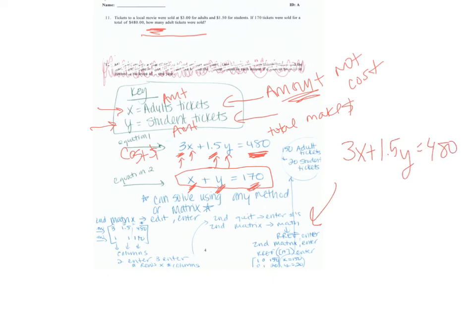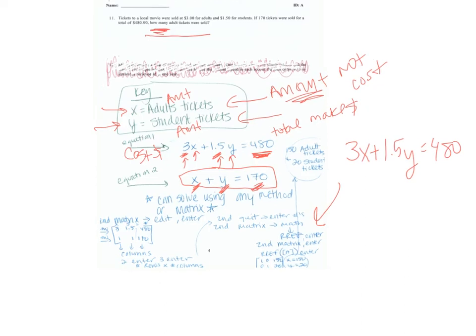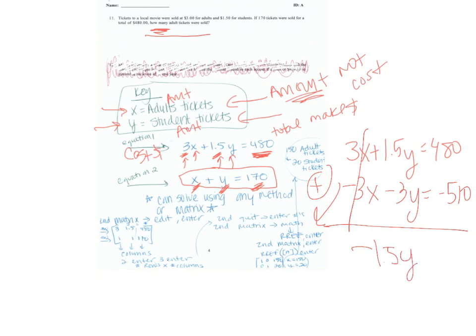So we now are going to multiply the bottom row by -3. We're going to get negative 3x minus 3y is equal to negative 510. So when we add these up, the x's cancel. We have negative 1.5y is equal to negative 30.